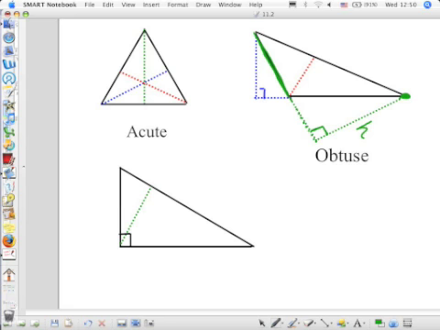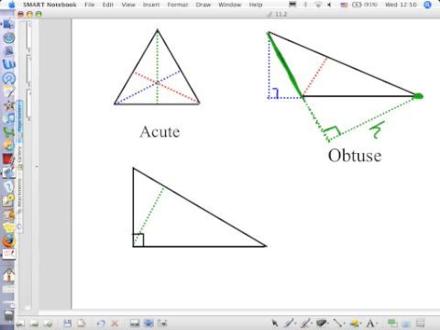And then finally, which one's the base if I'm using the red dotted line as the height? The hypotenuse. The longest side. Okay?